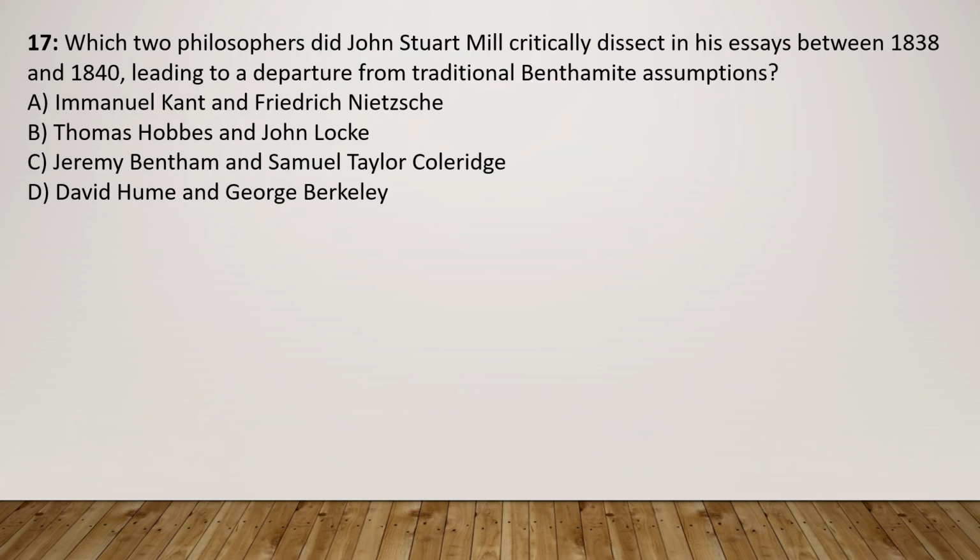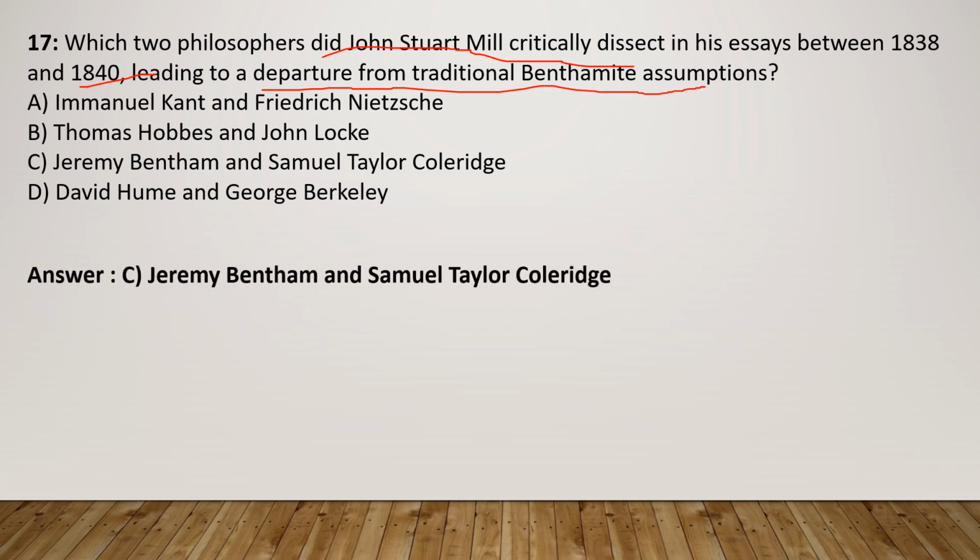Which two philosophers did John Stuart Mill critically dissect in his essays between 1838 and 1840, leading to a departure from traditional Benthamite assumptions? The correct option is Jeremy Bentham and Samuel Taylor Coleridge.